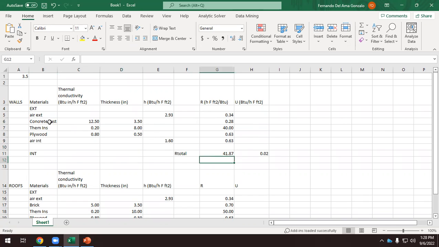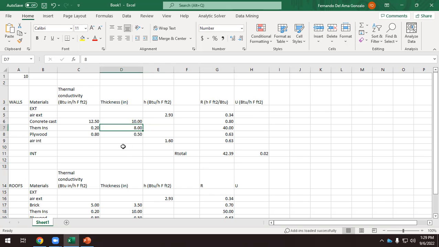The important thing here, look at this. I can change the thickness of the concrete. I have 3, I can have 5. Look at the total thermal resistance. If I double the thickness of concrete, it changes from 41 to 42.